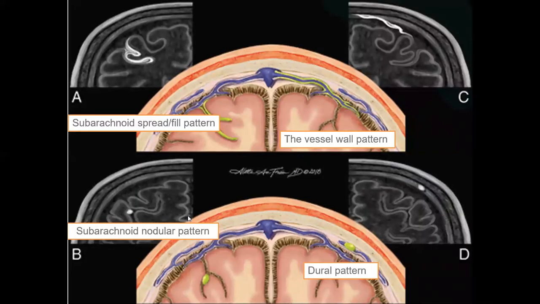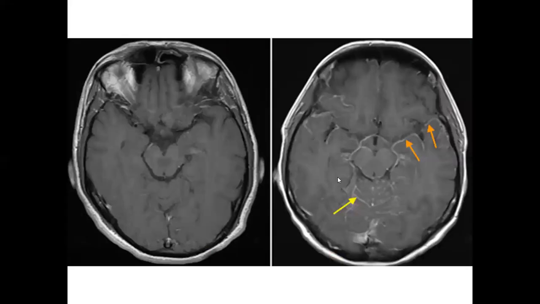The abnormal enhancement pattern is divided into four types: subarachnoid spill pattern, subarachnoid nodular pattern, the vessel wall pattern like tram-track, and dural pattern with nodular enhancement. These are the various types of enhancement you can see. So remember, in normal people, the pia-arachnoid does not enhance.